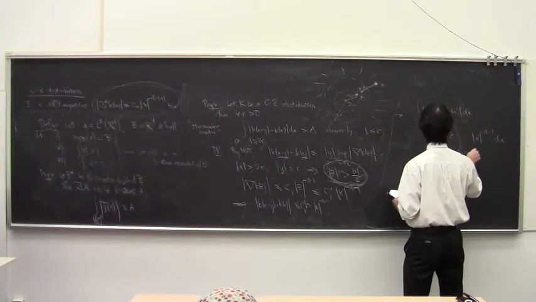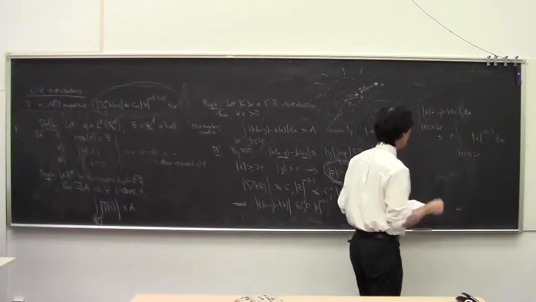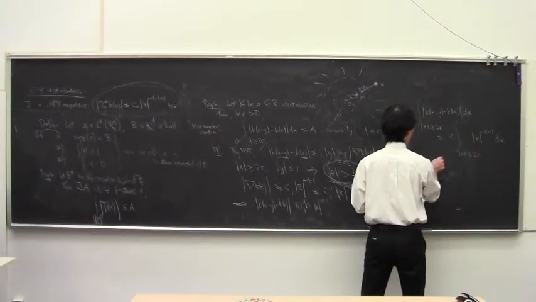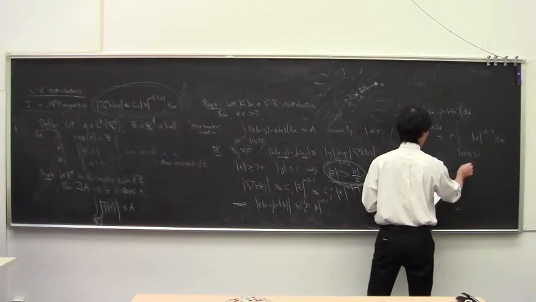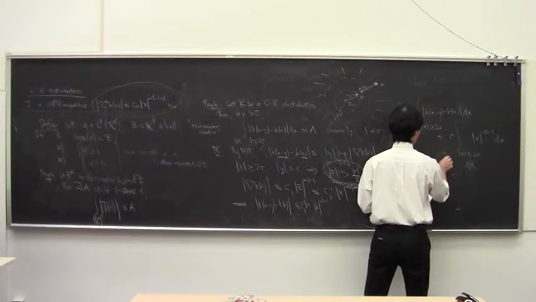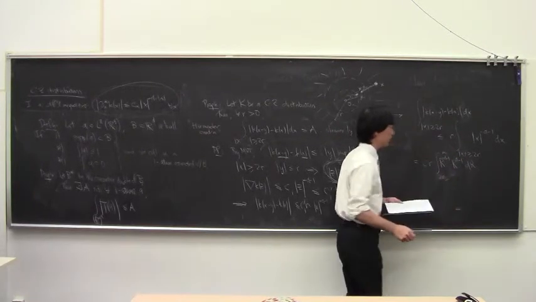X goes in size from 2r upwards. You switch this thing to polar coordinates, right? You get some constant times the integral as r goes from 2r to infinity. You get this sort of thing.